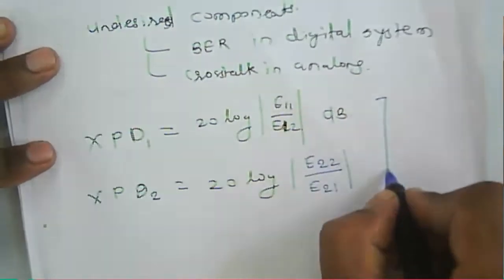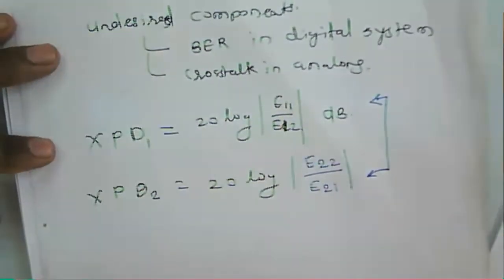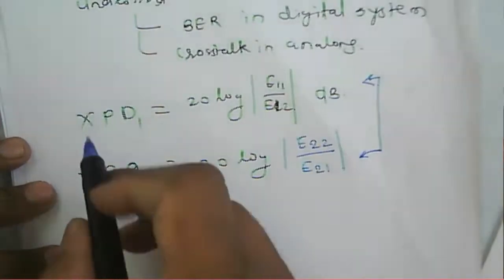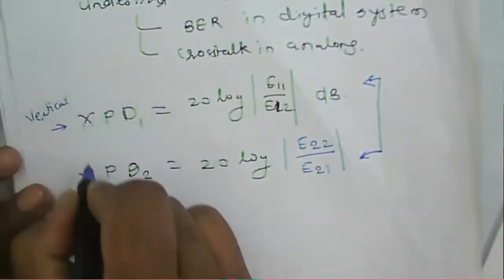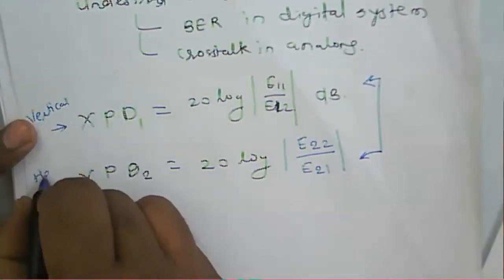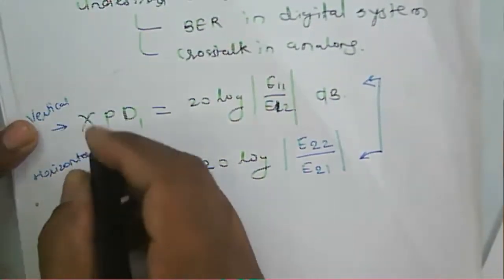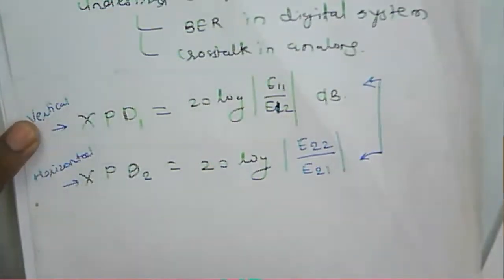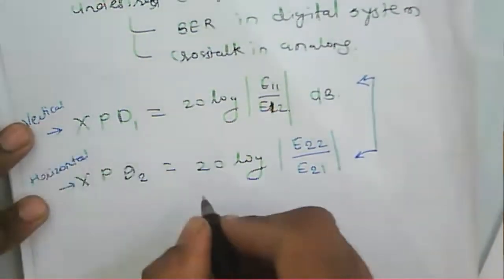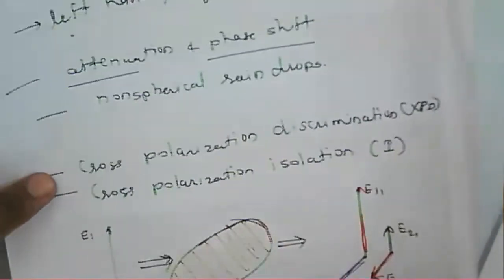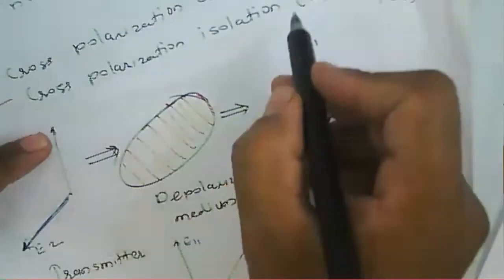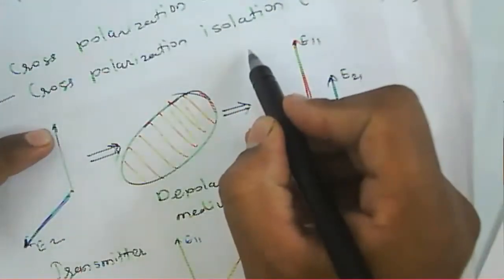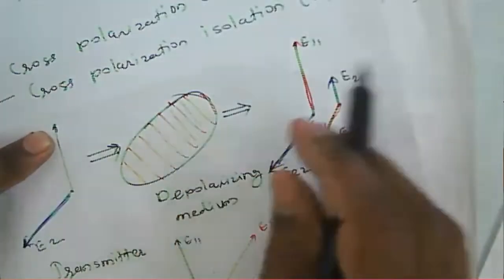Now we get two terms: this one is the cross polarized component for the vertical polarized wave, and this one is the cross polarized component for the horizontal polarized wave. Now we can find another quantity, the cross polarization isolation, between the vertical and horizontal polarized wave.